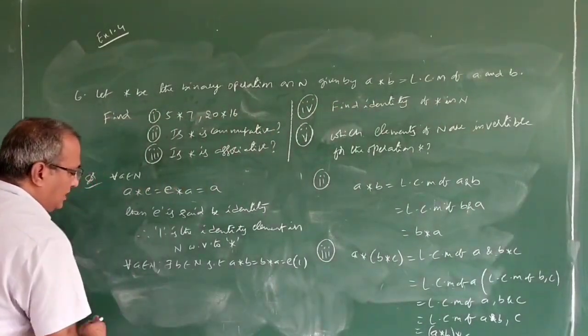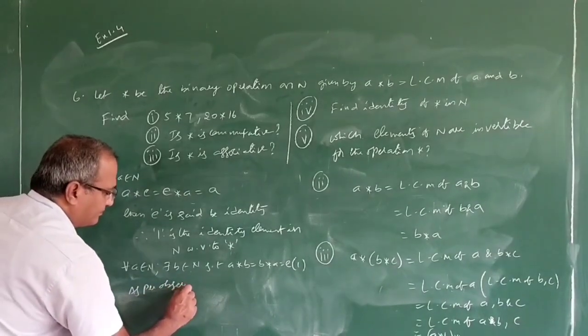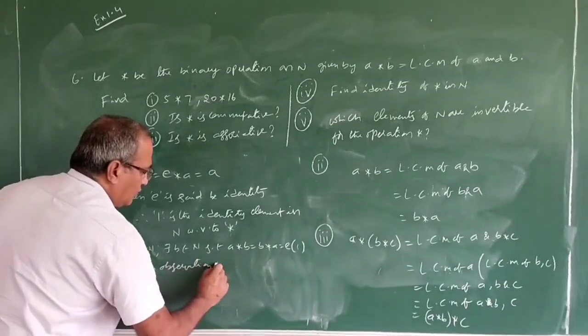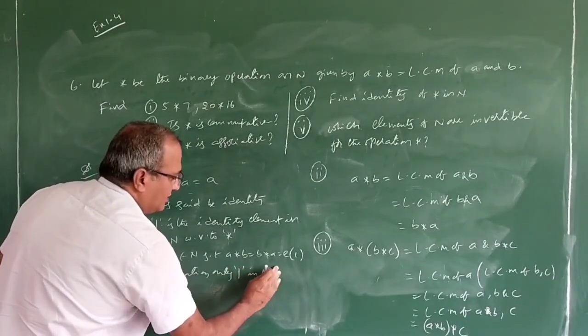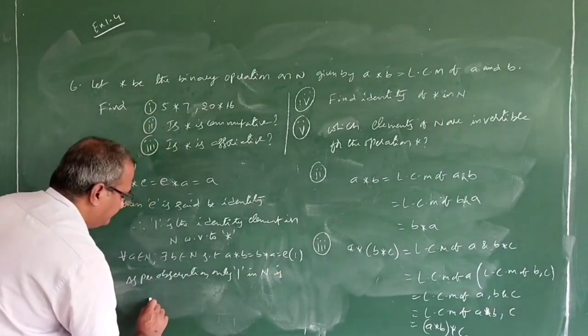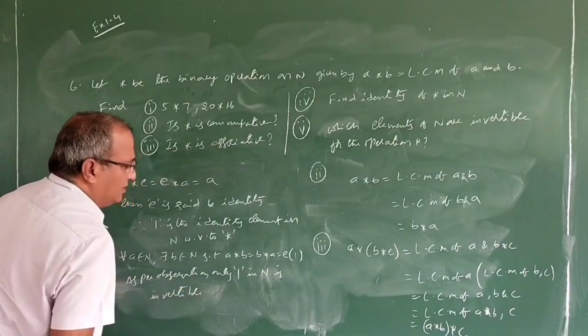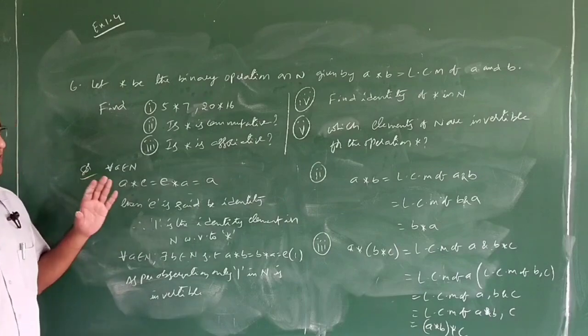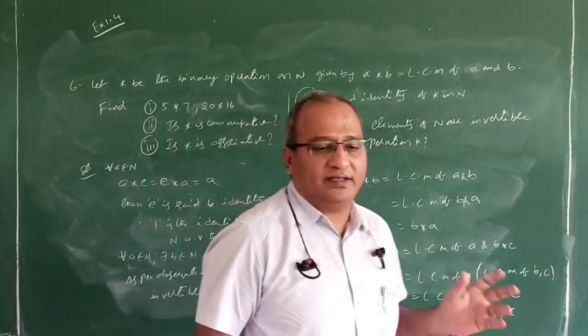So as per observation, only 1 in N is invertible. Other than 1, no element in the natural numbers has an inverse.